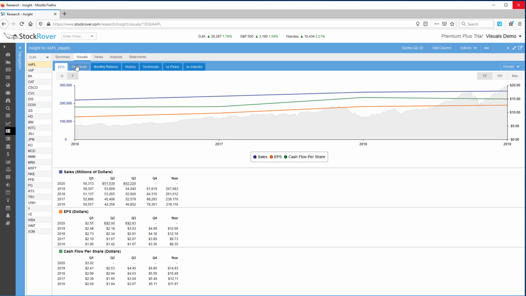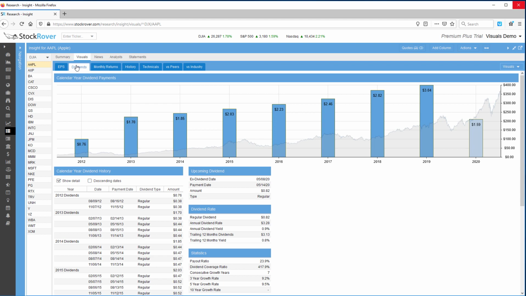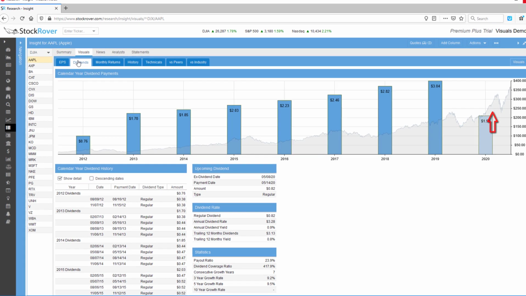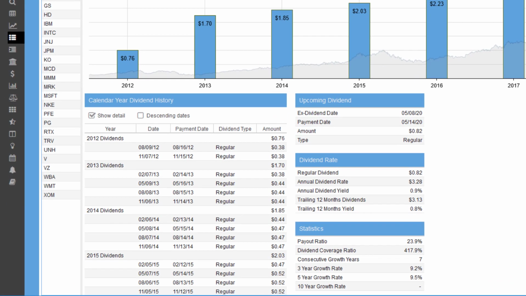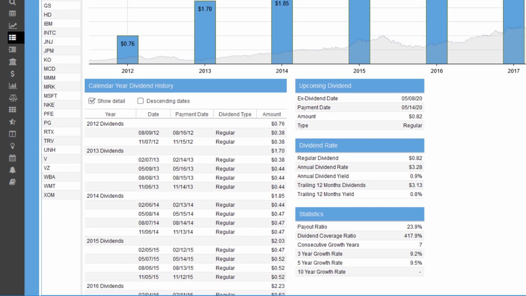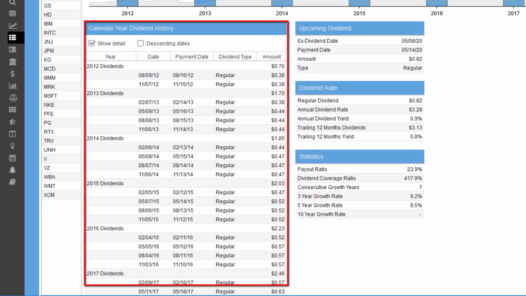Dividends. The Dividend tab delivers everything you'd ever want to know about a company's dividend history. A chart shows the yearly progression of dividend payments, along with the price performance of the stock superimposed in the background. The calendar shows all the declaration and payment dates for dividend.